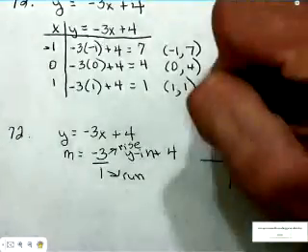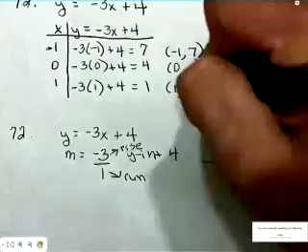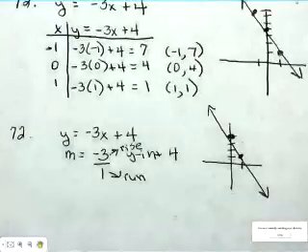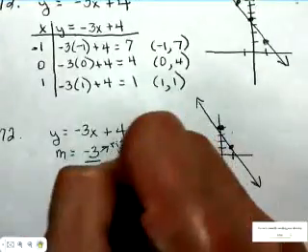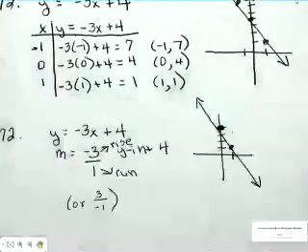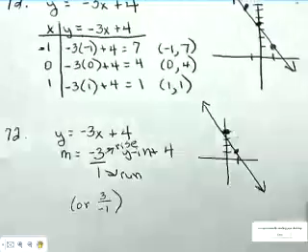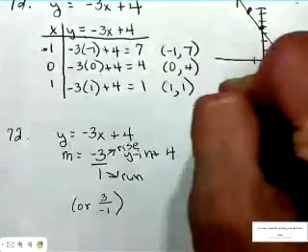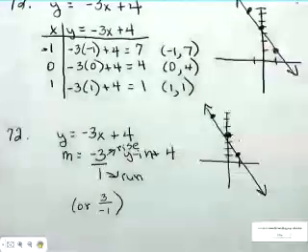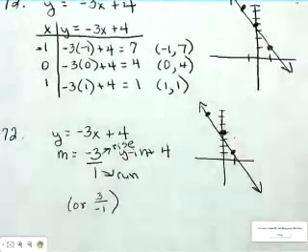Or isn't -3/1 the same thing as +3 over -1? I could start here and go up 3 to the left 1, and I'd get another point on the same line. So you can go down and to the right or up and to the left. Just don't go down and to the left or your line won't have a negative slope.